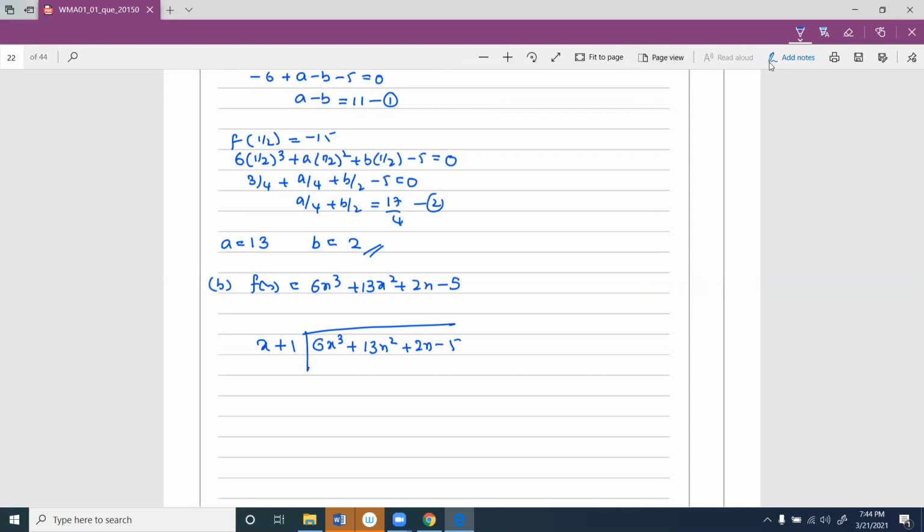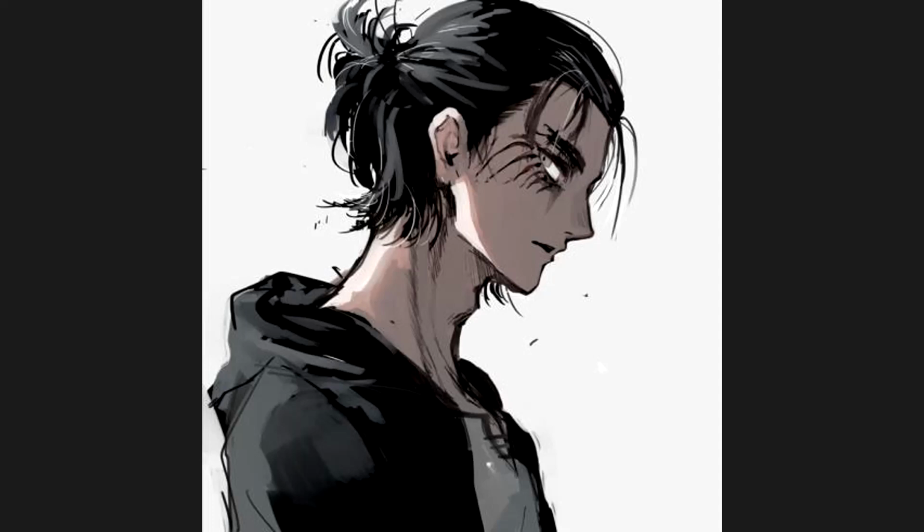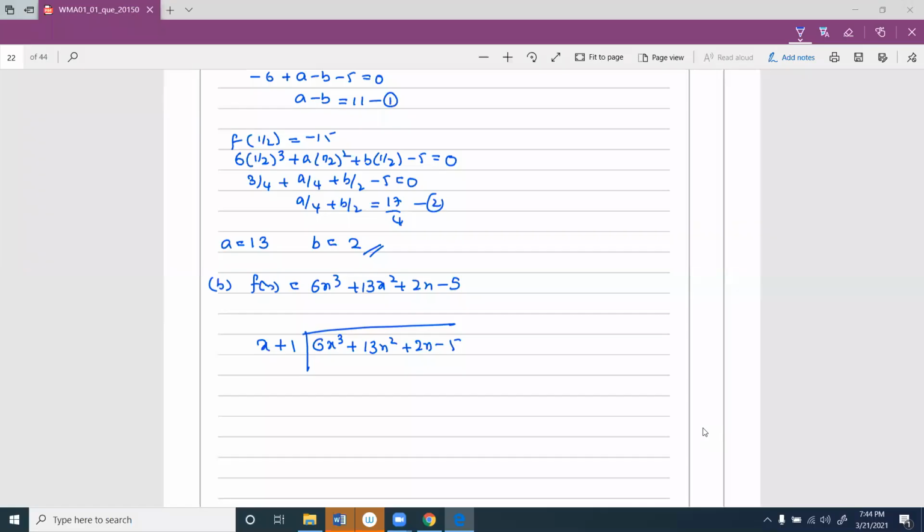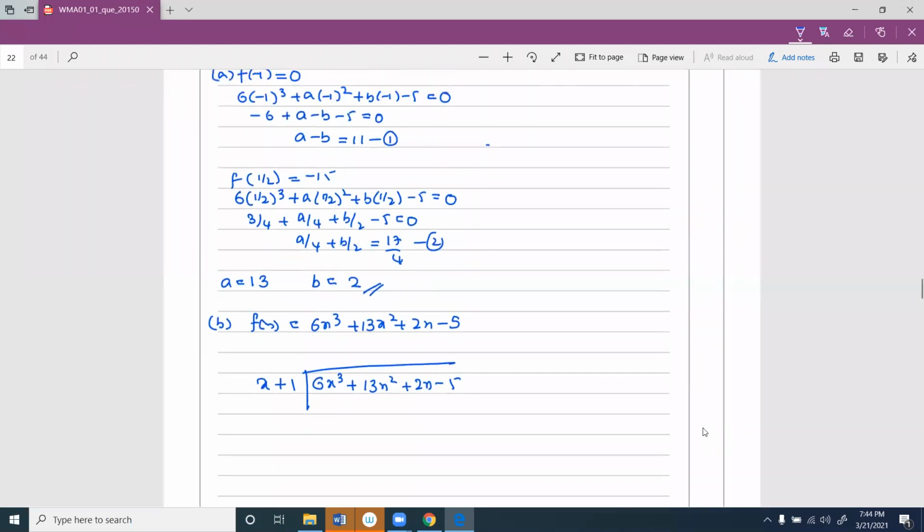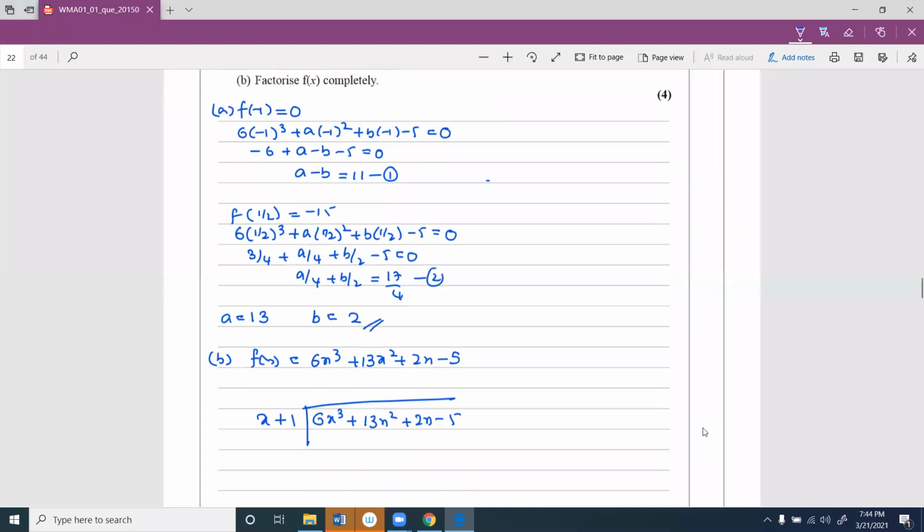Sir, for f of minus a half, the number should be minus 15, right, sir? One second. The question says it's minus 15. It's not 0. It turns out to be minus 15. So the answer would differ a bit. Then this one also is minus 15.